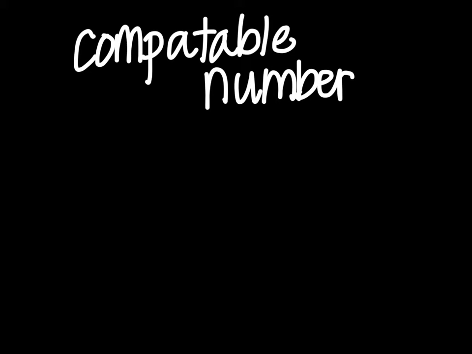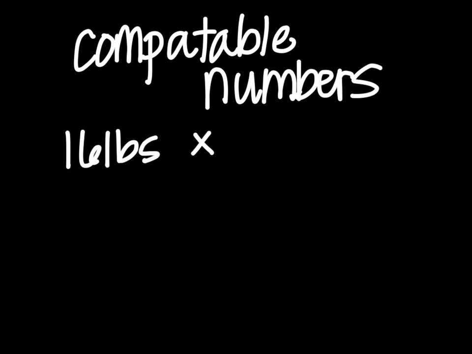Another way that we can estimate the answer is using compatible numbers. Okay, so again, we still have the same number sentence, which was 16 pounds times $2.15.